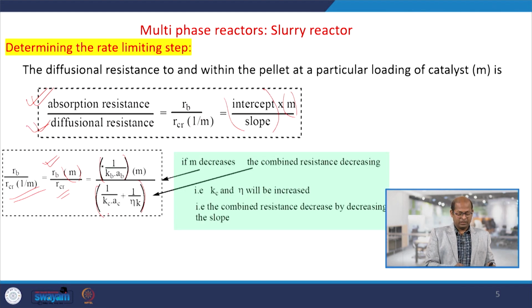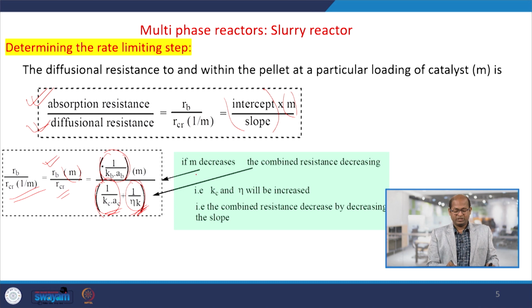RC equals 1 by Kc into AC, and RR equals 1 by eta K. So two components are there: external diffusion resistance, and internal diffusion plus reaction resistance. This is for internal diffusion and reactions, this is for external diffusion resistance, and this is for absorption resistance.